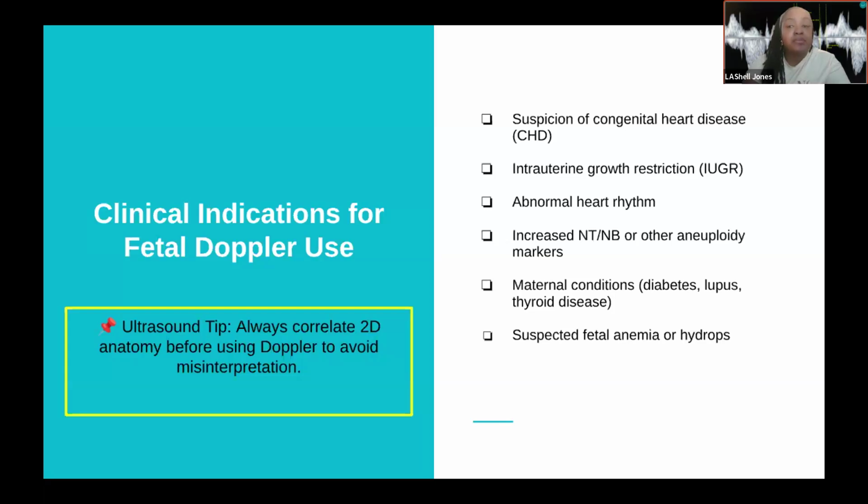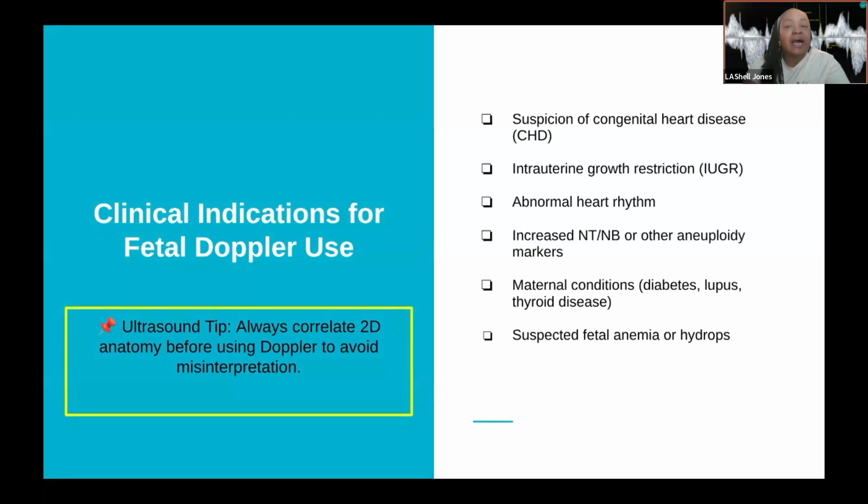Also abnormal heart rhythms, increased nuchal translucency or absent nasal bone or any other chromosomal markers. Maternal conditions can require you to use clinical assessment of the fetal heart by using Doppler. And then in cases of suspected fetal anemia or hydrops.